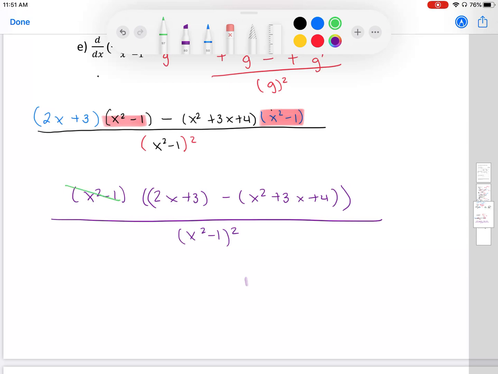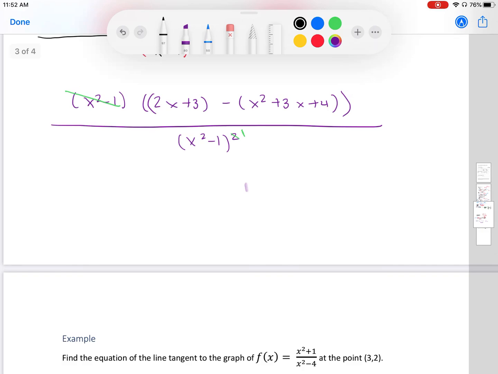We can divide one of these out and thus make it to the first power. And now we have 2x plus 3, and we can distribute that negative, minus x squared minus 3x plus 4 divided by x squared minus 1 to the first power.